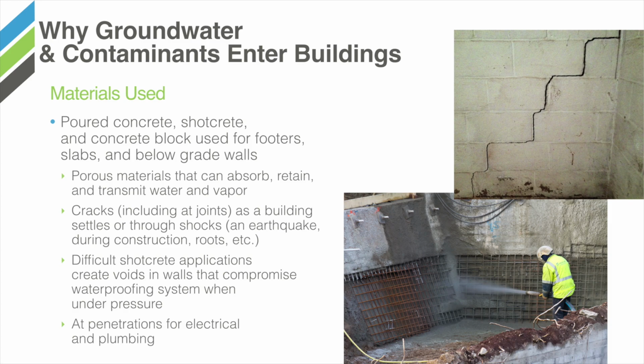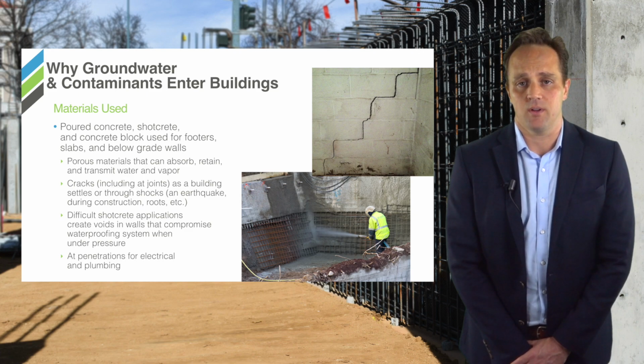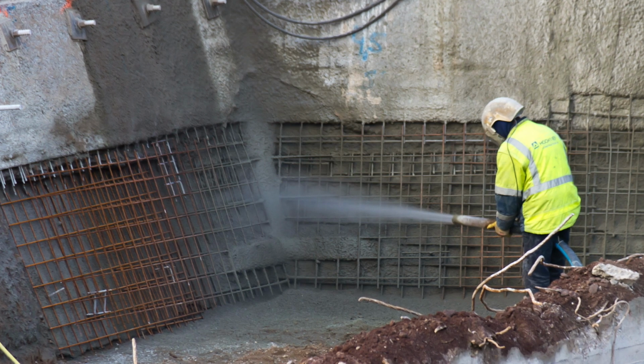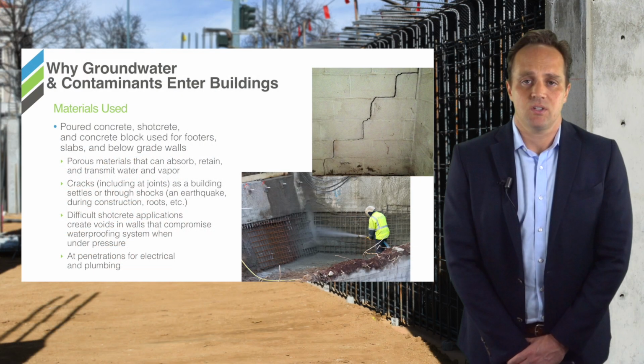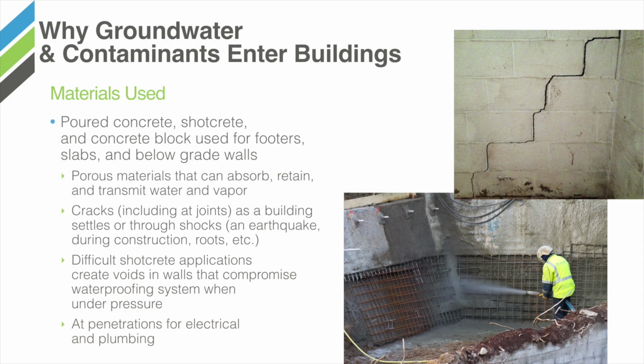One of the things that we always recommend is that the American Concrete Institute shotcrete guidelines are always followed, and that an ACI certified nozzleman is used for shotcrete applications. In addition to the concrete materials that can be used, penetrating the membranes for electrical and plumbing can also create pathways for water migration into structures.